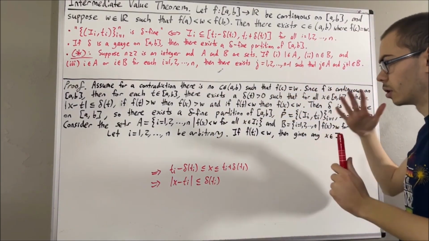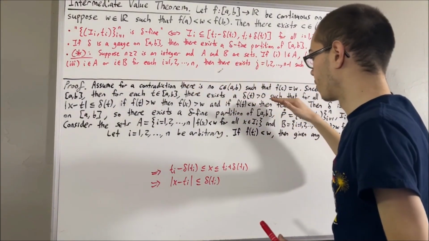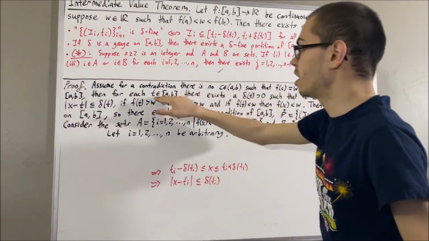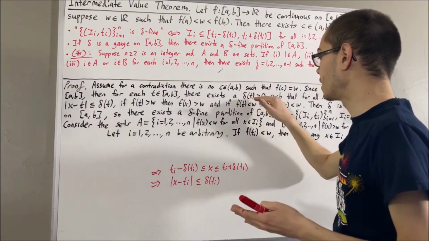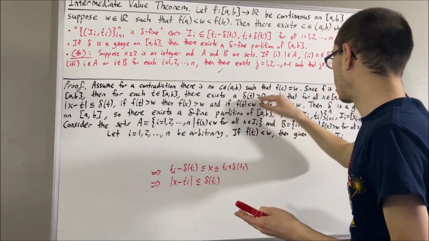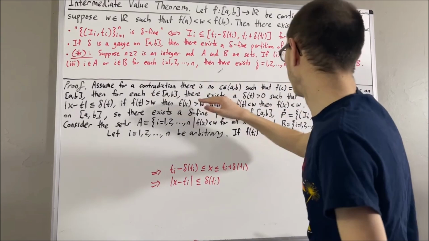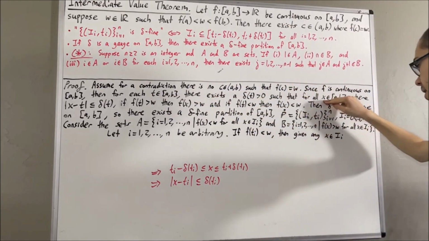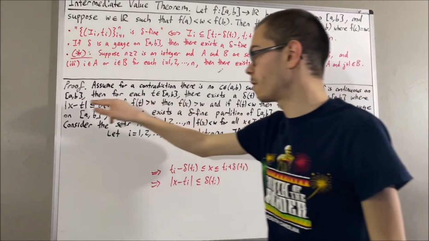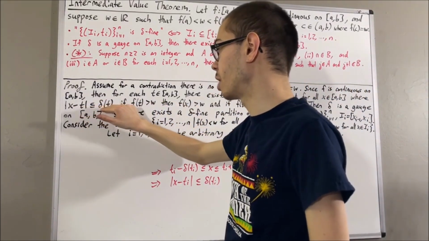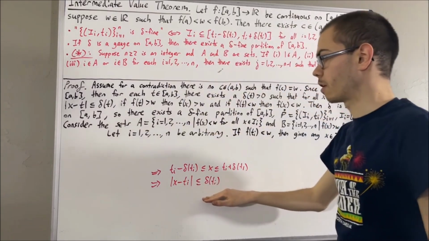But then, let's go to the definition of our gauge function. Replacing t with the tag t_i, well then delta of t_i is a positive real number such that this statement is true. So if we take x to be the x we have in our proof, we know that absolute value of x minus t_i is less than or equal to delta of t_i. That's what we have here.